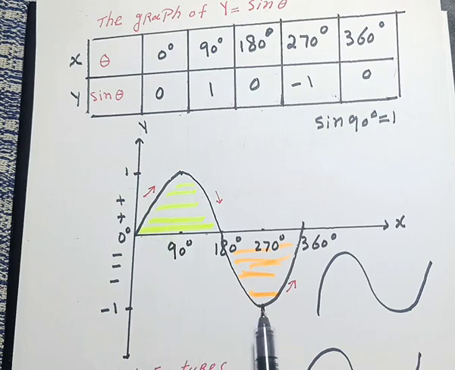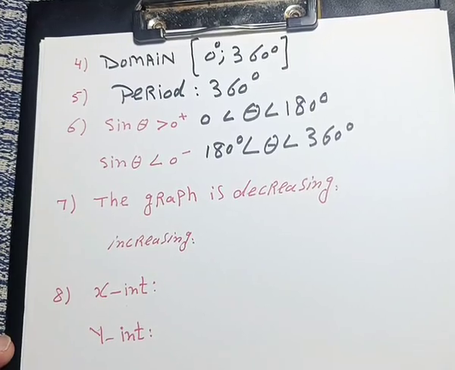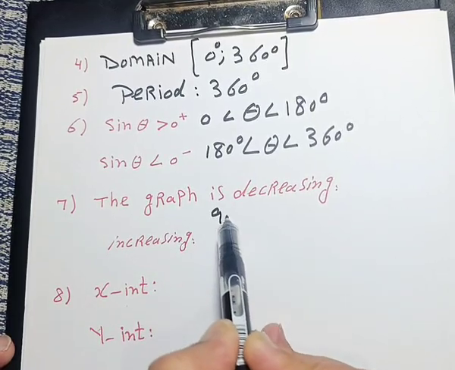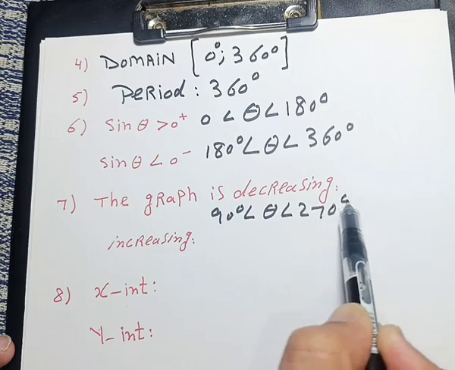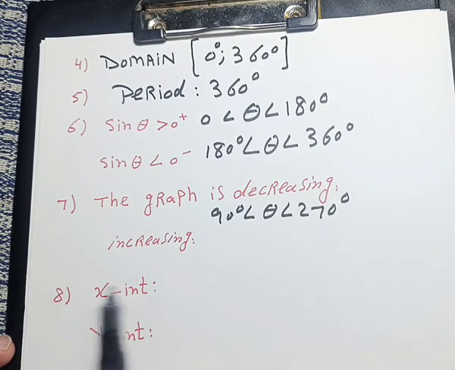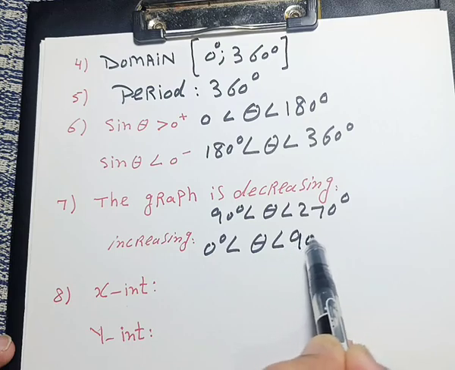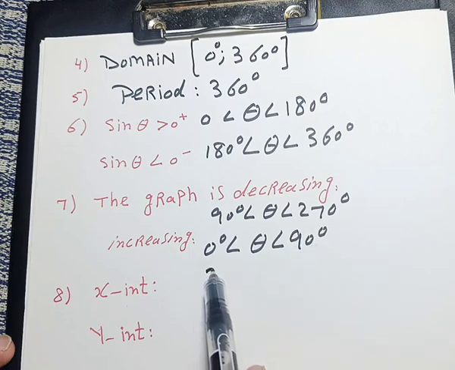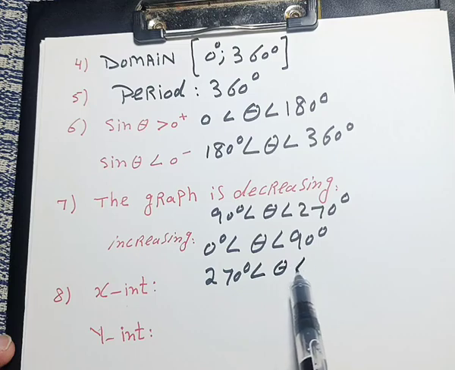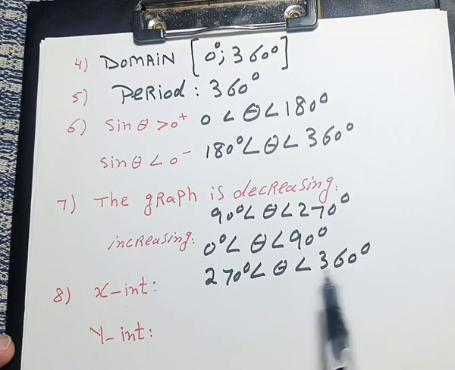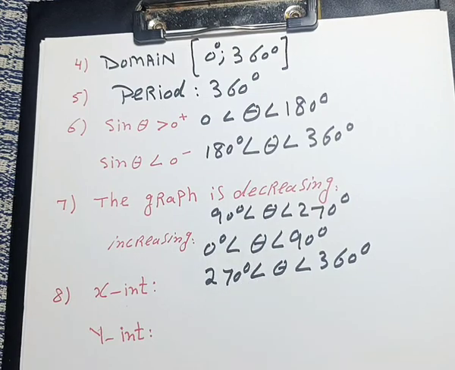Between 90 and 270, the graph decreases. So in two places the graph increases, and only between 90 and 270 the graph decreases.